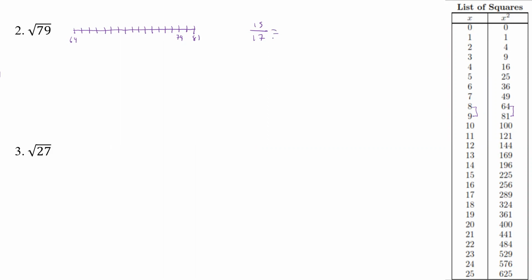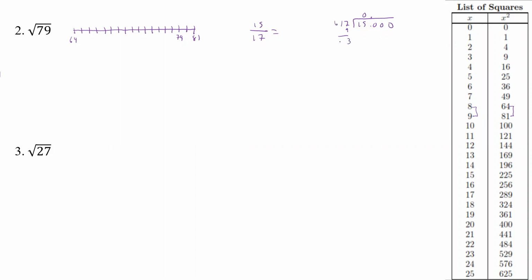Now I have to divide those out. Okay, so 17 into 15. And so that's going to be 0. If I take 7, that's going to be too small. If I take 8, 56, that's 13. That's still pretty small. What about a 9? Would 9 work? That's going to be 63.